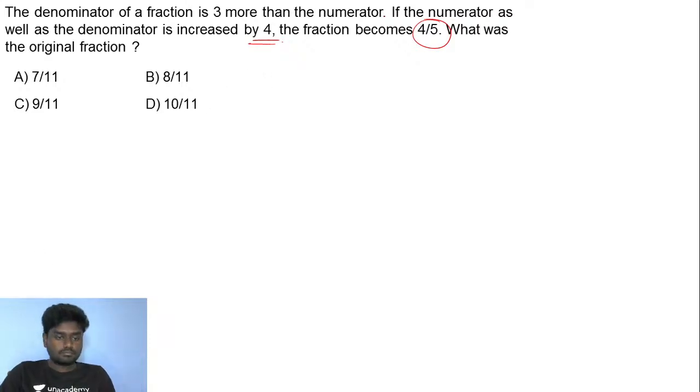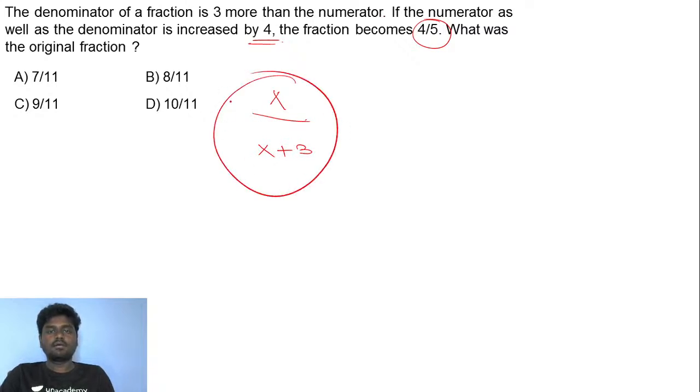Fine, so if I take the fraction, the denominator is 3 more than the numerator, let me take the numerator to be x, then my denominator will be x + 3. If the numerator as well as the denominator is increased by 4, it's going to be x + 3 by x + 7. This will give me the fraction 4 by 5.